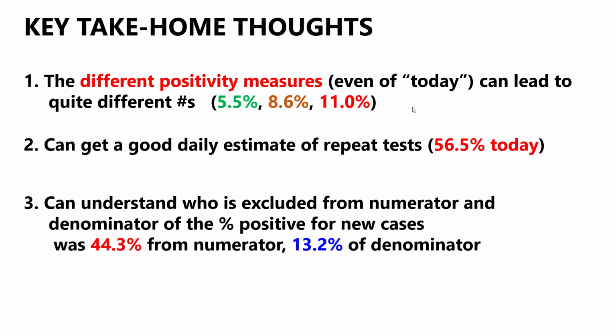So I think it's important to understand that in the percent positive for new cases, we are excluding 44.3% of the numerator and 13.2% of the denominator today. Those numbers will change on a daily basis, but by and large, that calculation is always excluding a higher proportion from the numerator than from the denominator, which explains why the percent positivity for new cases is usually less than the case positivity.